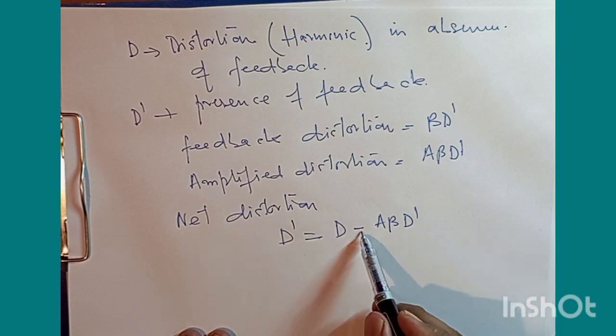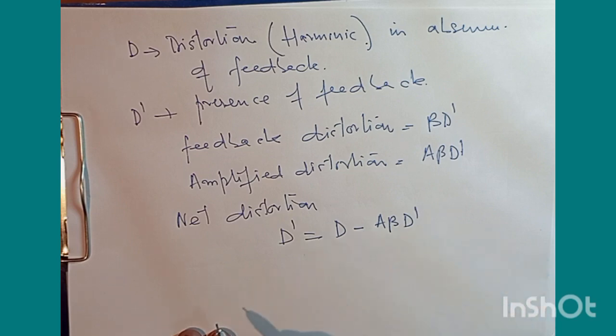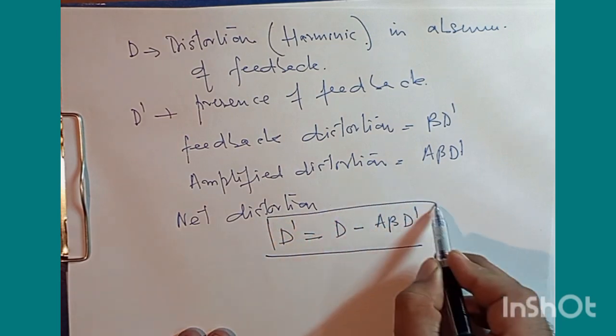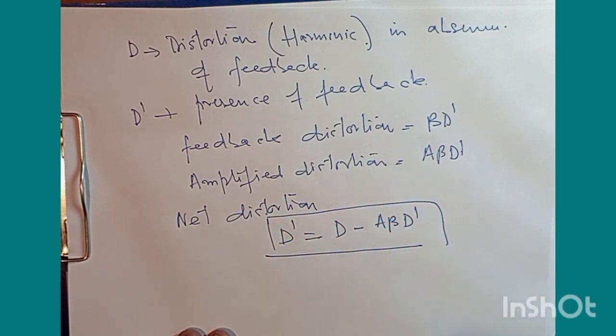So this negative sign is quite obvious here, because we are making use of negative feedback. That means the feedback signal is out of phase with the input signal. So once the two signals superimpose, the resultant of the two distortions should give us a lesser magnitude.